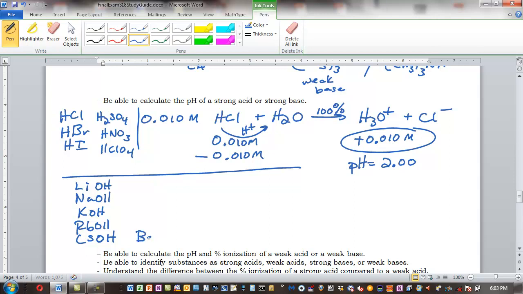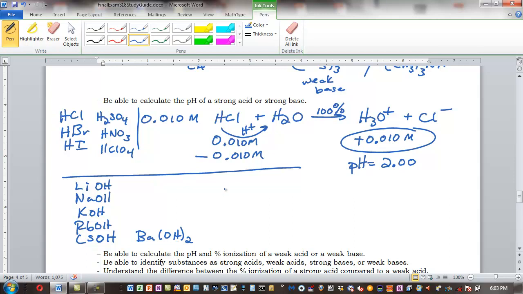Yeah, so go across from cesium, barium hydroxide. Okay. Now, strontium hydroxide, so going above barium, strontium hydroxide and calcium hydroxide are slightly soluble. So sometimes you'll see those classified as strong bases as well. You won't see those on the final exam. So know these 6 as well.